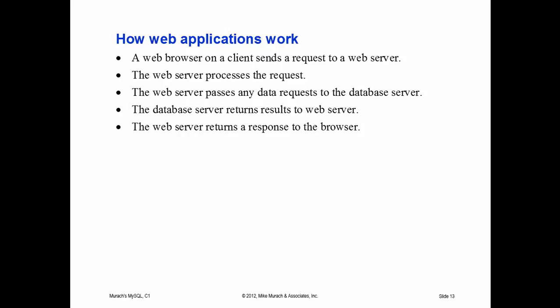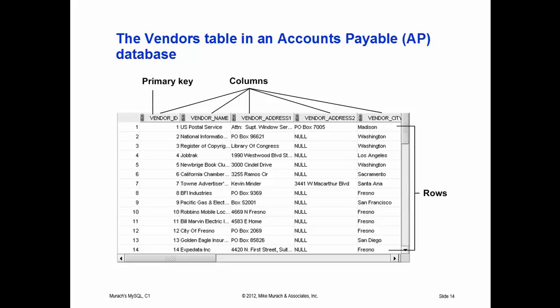If necessary, that web server will call a database server. And if a database server is called, the database server will do its job, return the results to the web server, which in turn will return a response, an HTTP response, to the browser. So this is the kind of stuff we're going to be looking at this semester. All right?